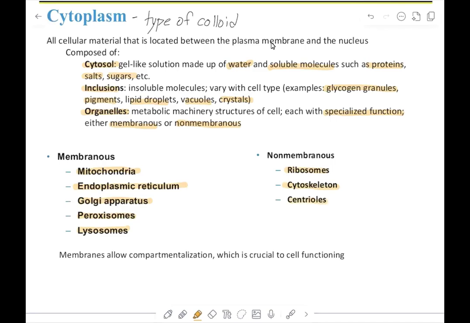We're going to have slides on each of these for the rest of the chapter. Membranes allow for compartmentalization, which is crucial to cell function. So we're going to begin with the membranous organelles. Organelles, remember, are kind of like little organs, because they have a specific function that they play within the cell.